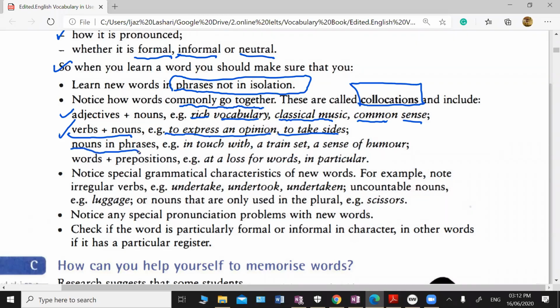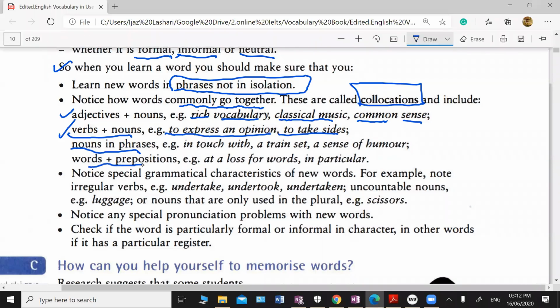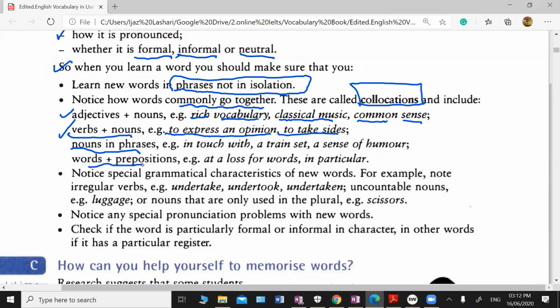For example, in touch with, a train set, meaning ready to leave, a sense of humor. Now these are like phrases. I mean, it's not one word. It has certain other words, prepositions or nouns or something like that. Next one is words with prepositions. Word and preposition, both.